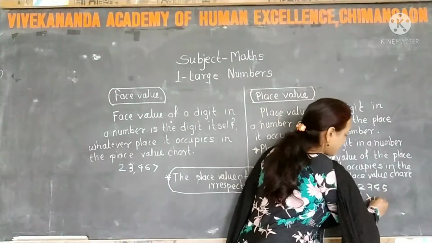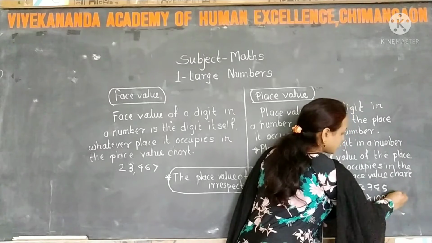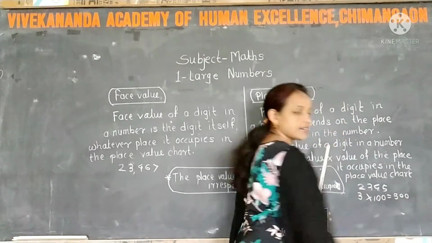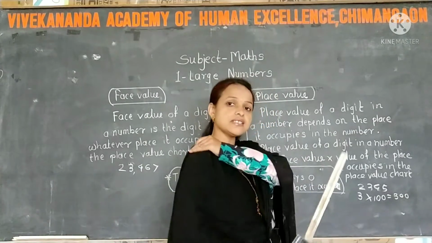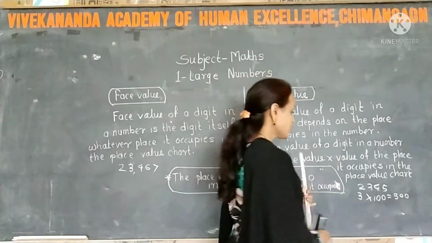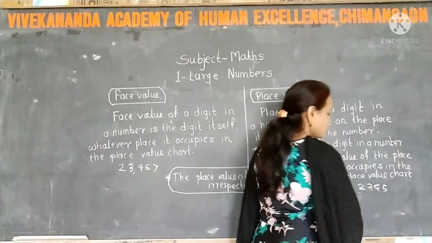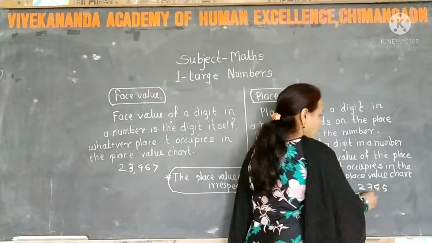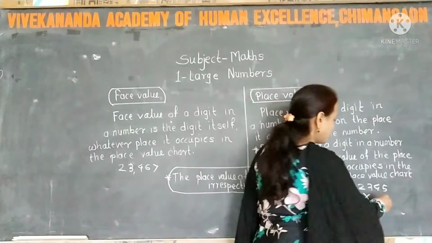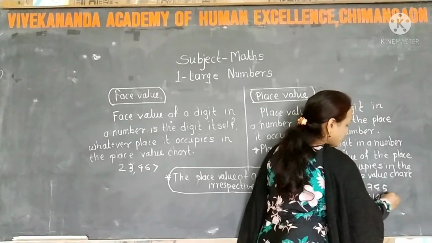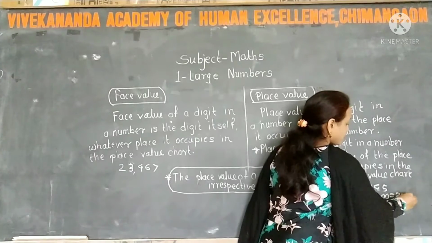So 3 multiplied by 100, we get 300. Next digit 2. At which place is it? 1000's place. Face value of 2 is 2, and the value of the place it occupies is 1000. So 2 multiplied by 1000, we get 2000.